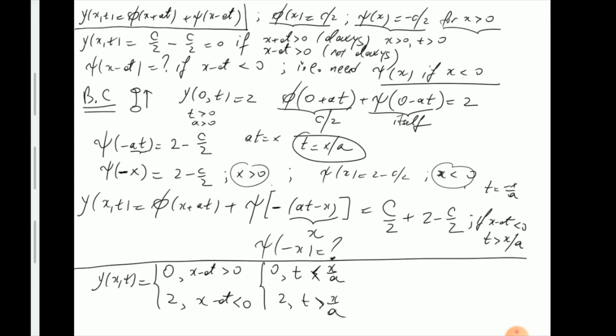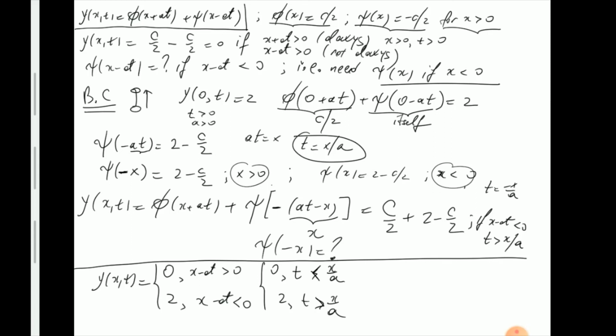So at some point later it is equal to 2. All right, let me make sure I wrote these conditions carefully. So f, say, of x minus at, it's 2 minus c over 2 if x minus at is negative, and then add it to 2.